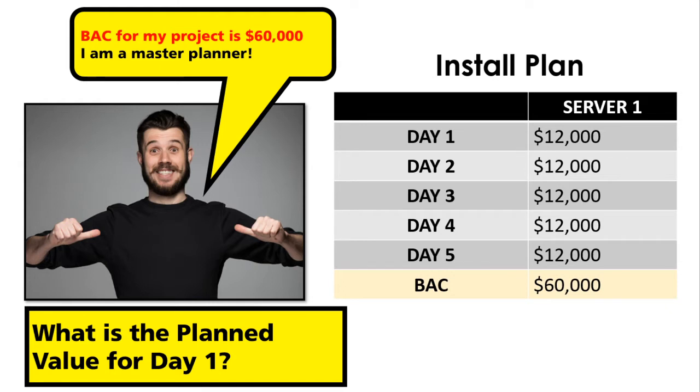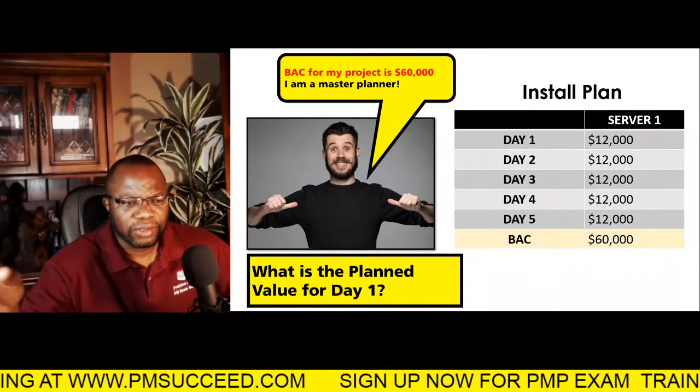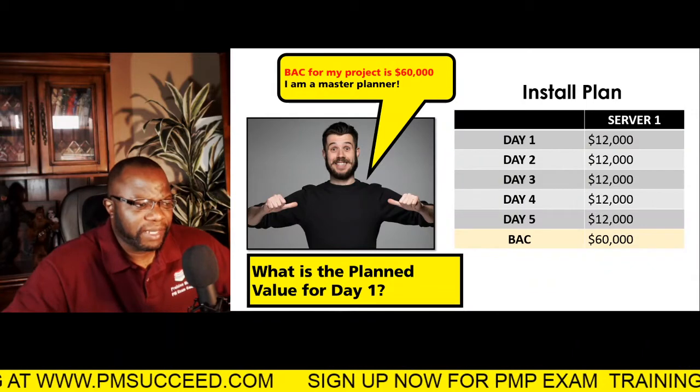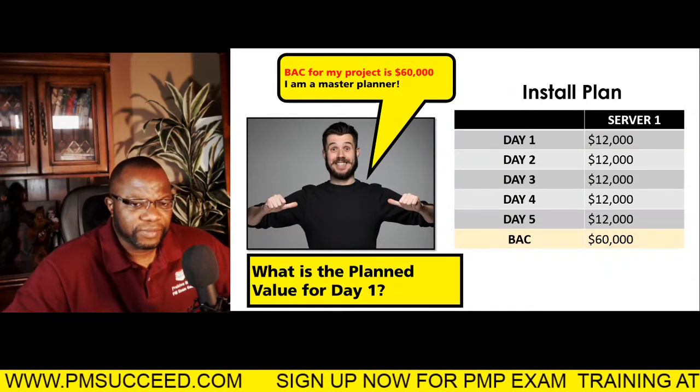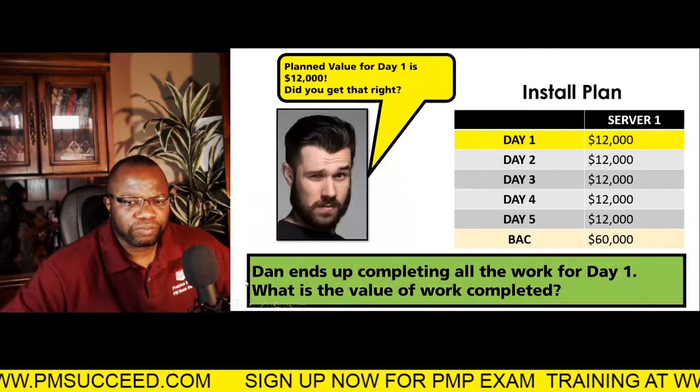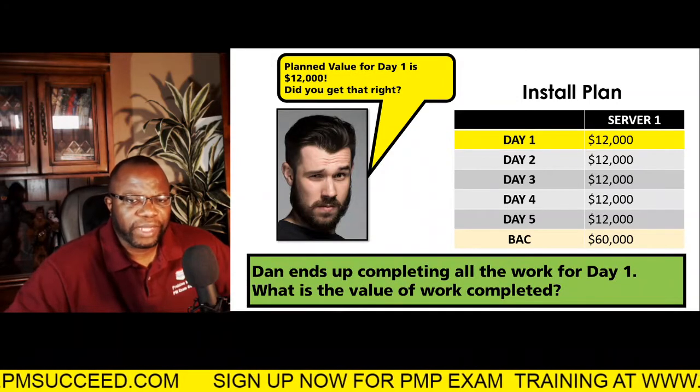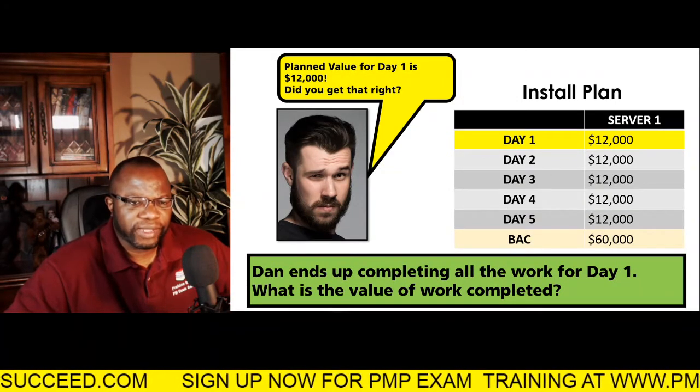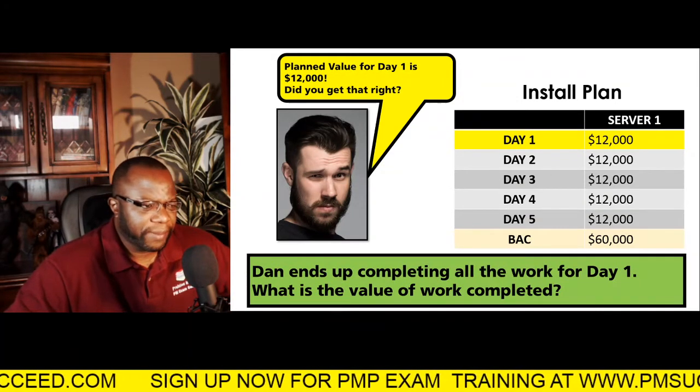The planned value for day 1 is obviously $12,000, as I've explained. So when you come across questions, you are going to have to take whatever you're given and make sense out of it. Let's move on. The planned value for day 1 is $12,000. Of course, you already knew that.